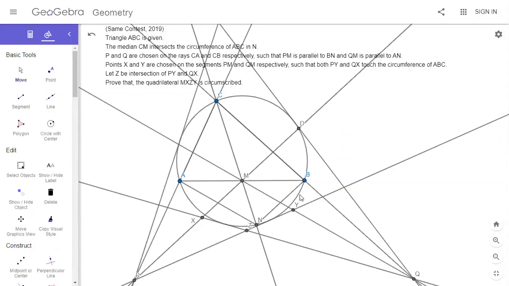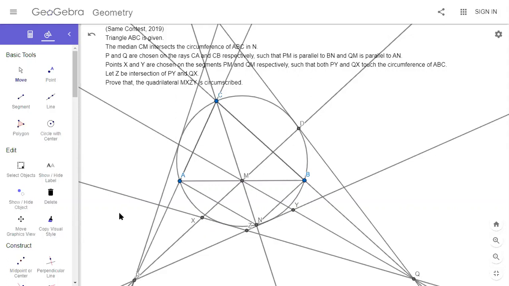MXZY isn't cyclic. Right, triangle ABC. P and Q. The PM is parallel to BN, QM is parallel to AN. X is on PM such that QX is tangent and PY is tangent. Z is the intersection of PY and QX.